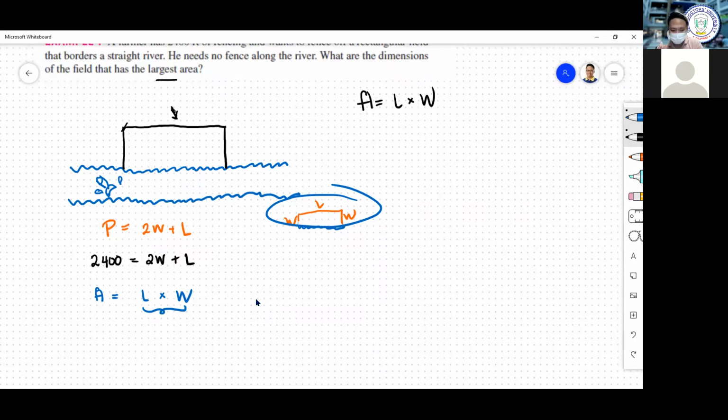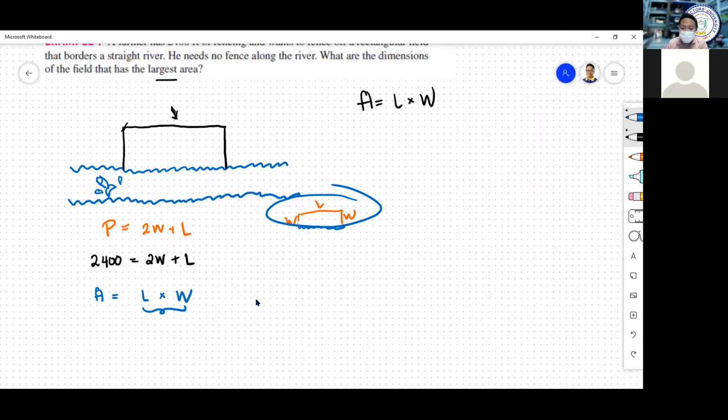So there is an option to choose. Which one, L or W? It doesn't have to be L, it's up to you guys. It doesn't matter. So I want you to decide which variable you want me to retain, L or W. So let's keep W then.